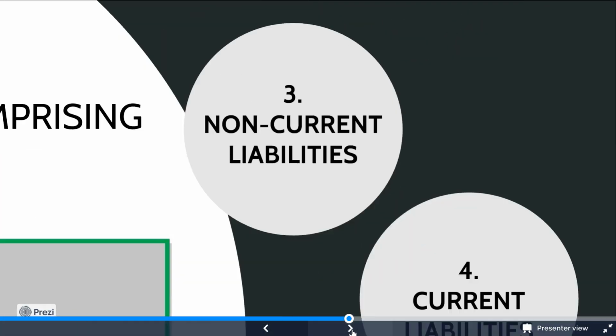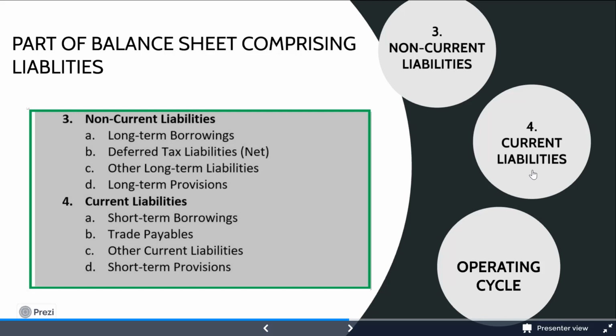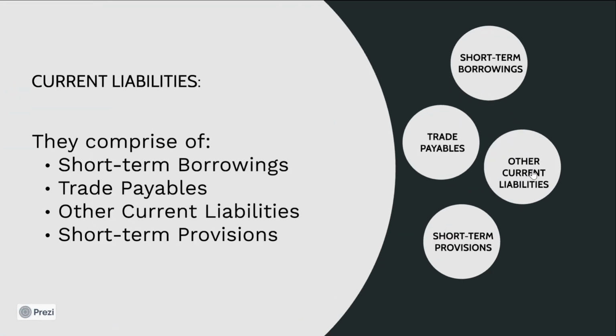So we've checked out non-current liabilities. Let's move on to current liabilities. Current liabilities comprise short-term borrowings, trade payables, other current liabilities, and short-term provisions. We'll begin with short-term borrowings.